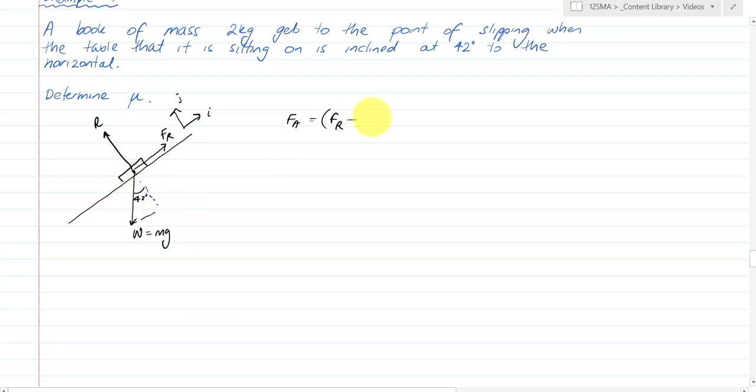So our weight component is that sine value, mg sine theta i, plus our second components, which are the resultant force in the positive minus the weight in the negative, which is mg cos theta j. And this is at the point of slipping, but it's not moving. So therefore we've got Fr max, the maximum possible friction, and the components equal to 0.